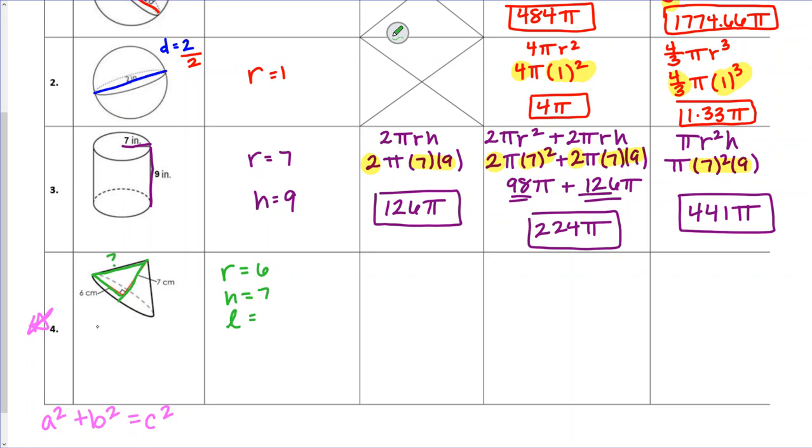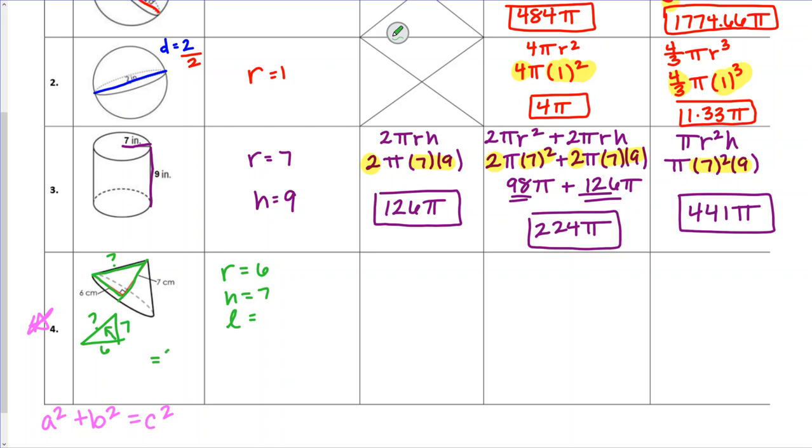But all green lines have created a right triangle where we have 6, we have 7, and we have our missing side. So here is where we need to use our a squared plus b squared equals c squared. Remember, c is always across from the box, that corner.